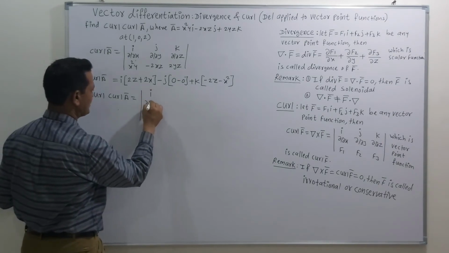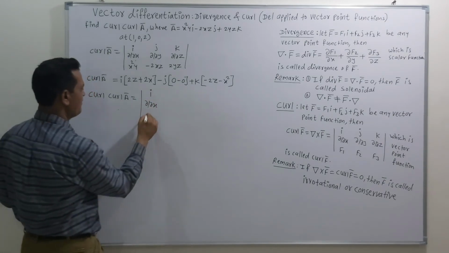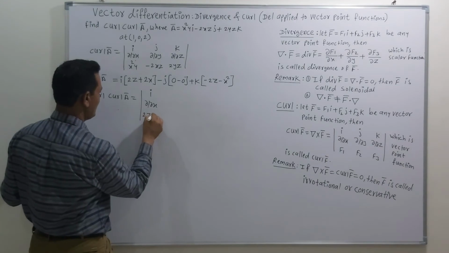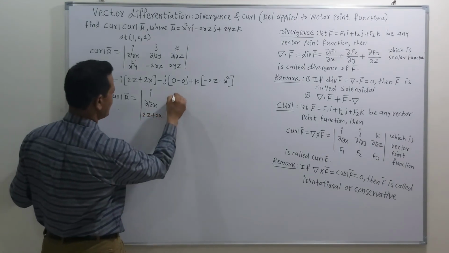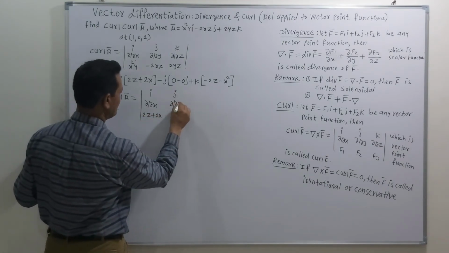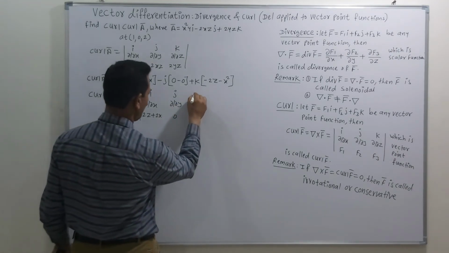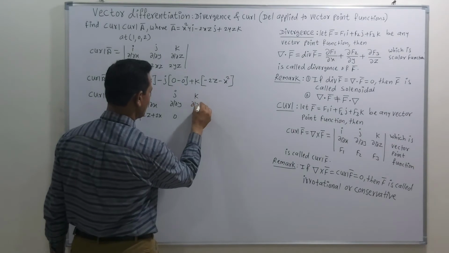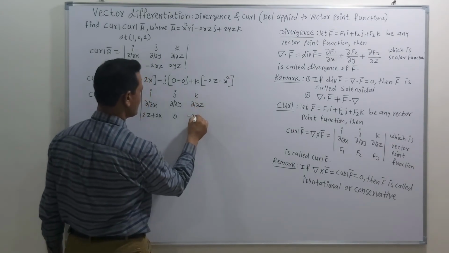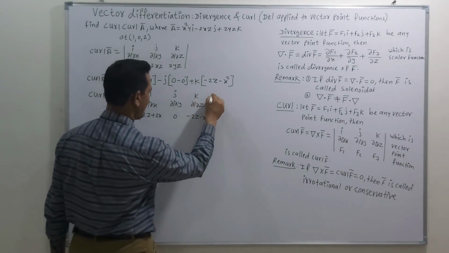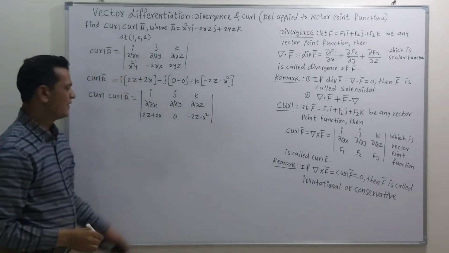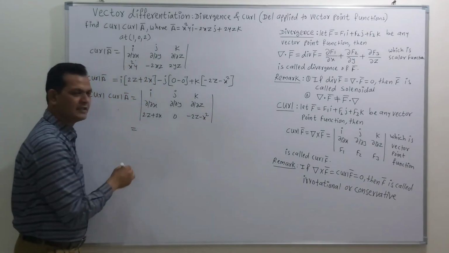So if we write its determinant, we get i times partial derivative with respect to x of f1, which is 2z plus 2x, then j times partial derivative with respect to y of this term, which is 0, then k times partial derivative with respect to z of minus 2z minus x squared. Now our next aim is to evaluate this determinant.